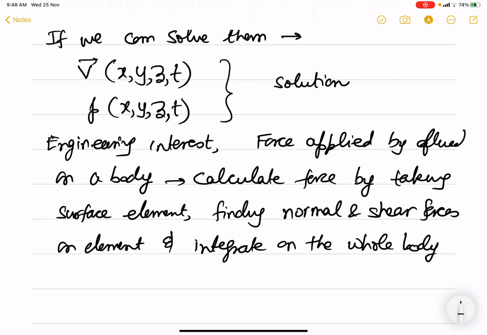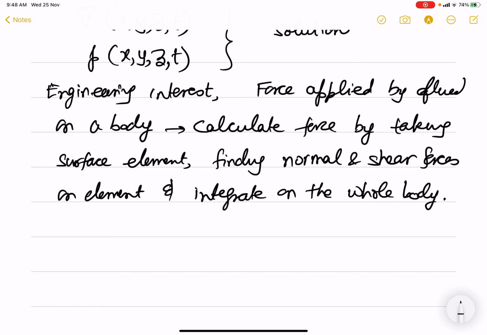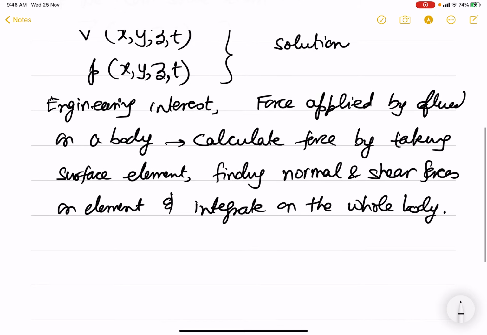Of course, while doing this, we have to keep in mind that force is a vector quantity, so we can add only scalar components, and we do this.